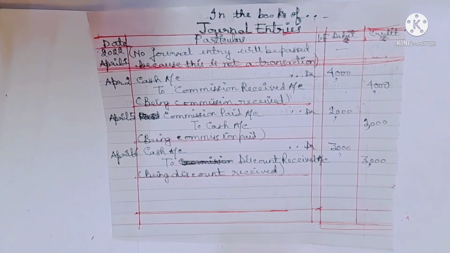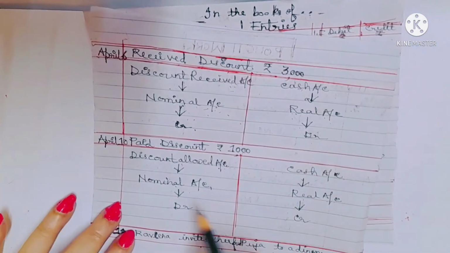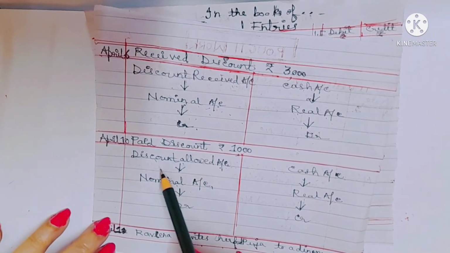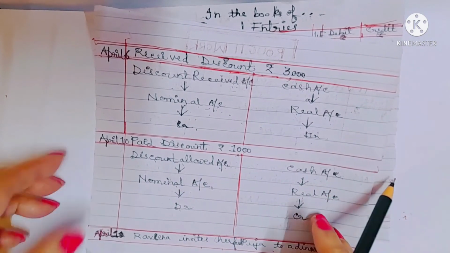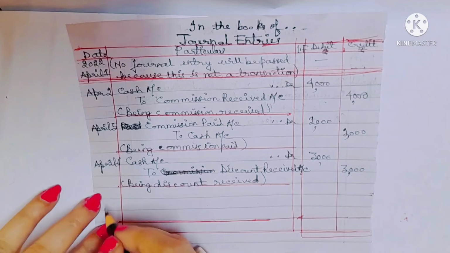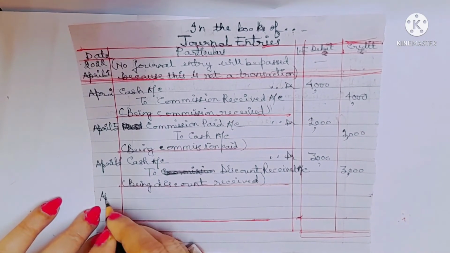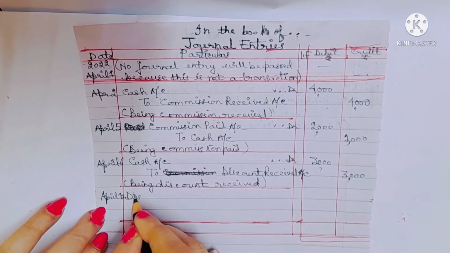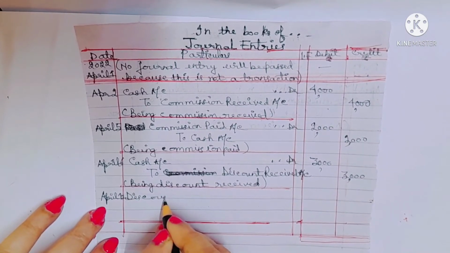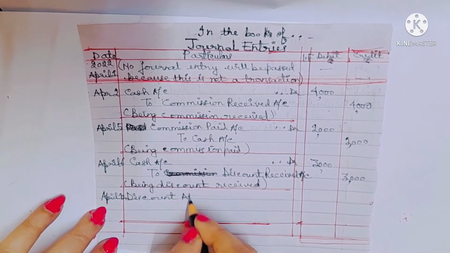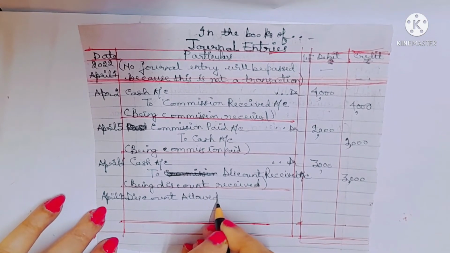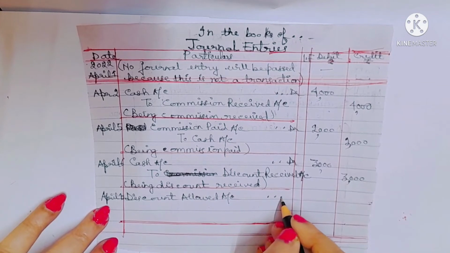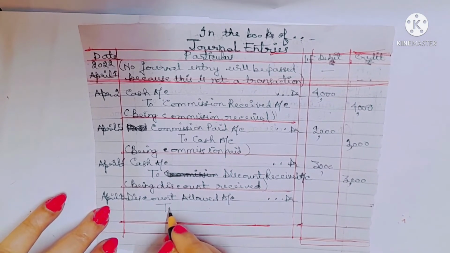What is the last transaction? See, paid discount 1,000, discount allowed debit, cash account credit on 10th April. Let's do it. 10th April, discount allowed account debit to cash account.